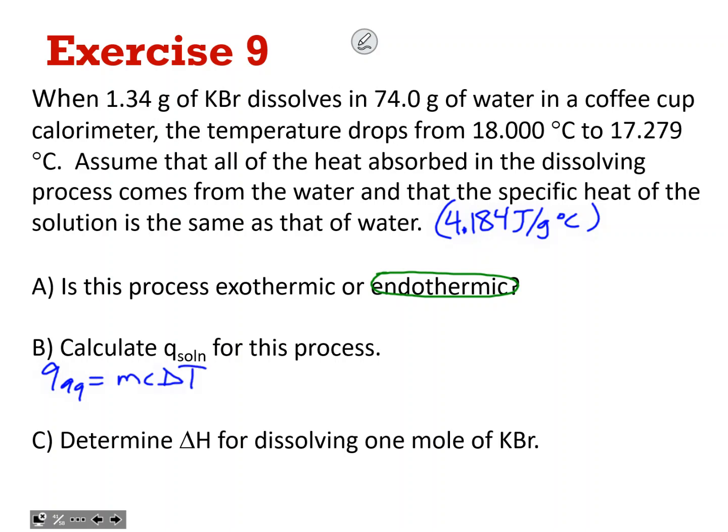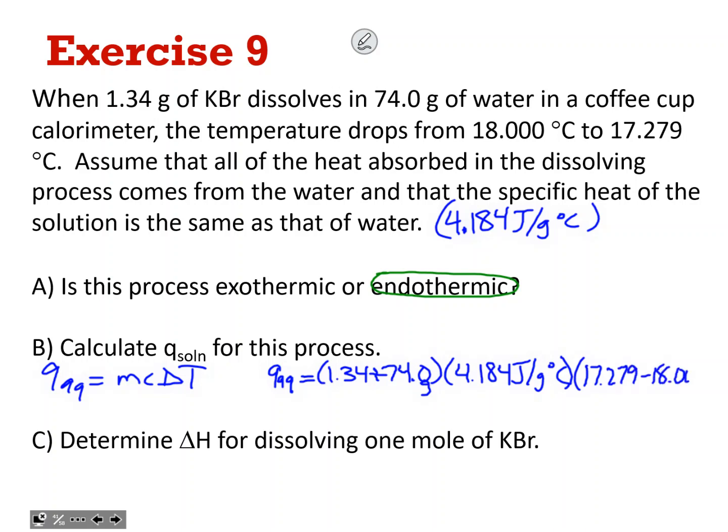So to solve for q_aq, I would do 1.34 plus 74, times my 4.184. This is grams, right? And then I put in my temperature change, 17.279 minus 18.